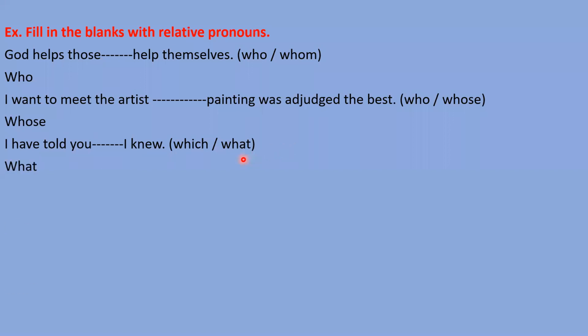Actually, here what will come, because the antecedent of what is not given there. I have told you, when the antecedent is not given, we need to use what. Does everyone understand the antecedent, the word for which we are using what or which or whose? If that word is not given, then we use what there. Suppose in this sentence: I have told you the matter that I knew.